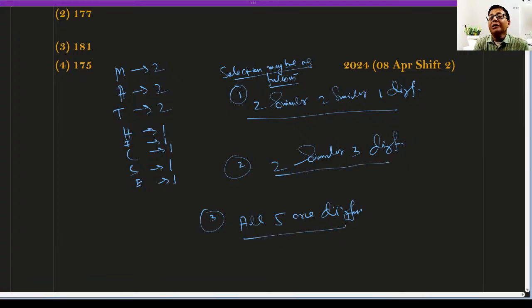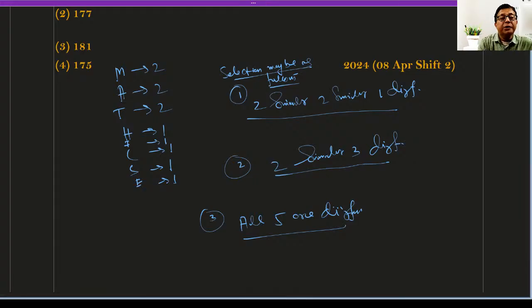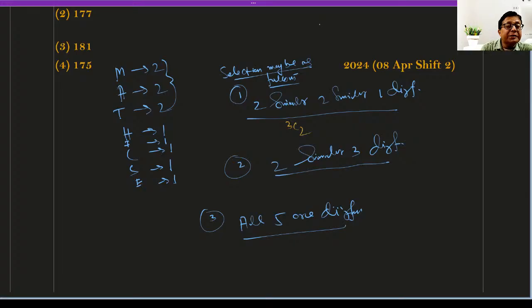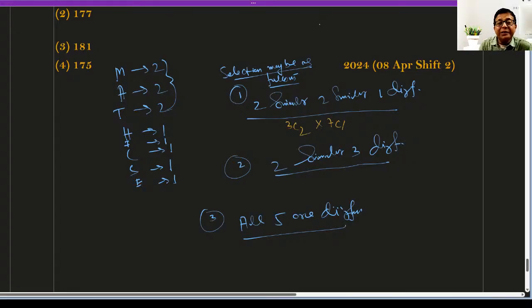Two similar, one different. So out of these 3 pairs, you select 2. And when you selected 2, how many different letters are left? 7. When you have selected, say, 2 M, then how many different are there? 7. From there we select 1.